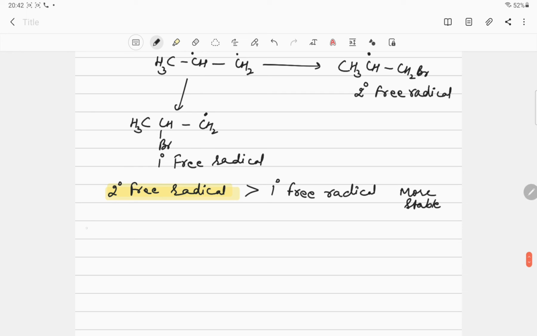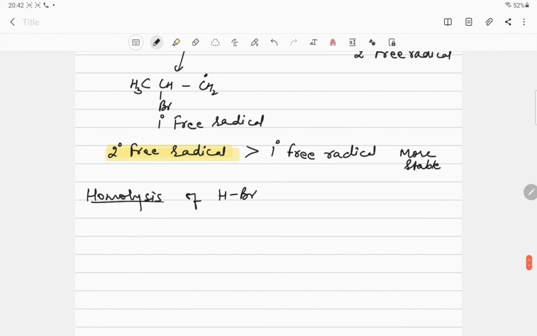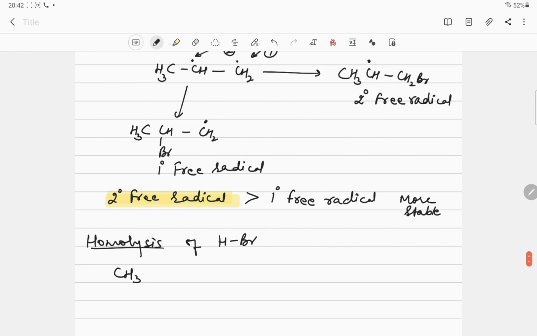Now what is the next step? The next step is again homolysis of HBr. So homolysis of HBr will take place once more. Homolysis of HBr is the last step. So what will happen? Because this free radical, this intermediate is more stable, it will be forming the major product.